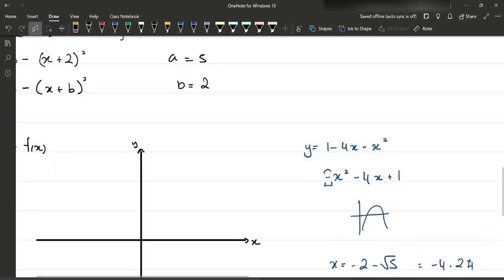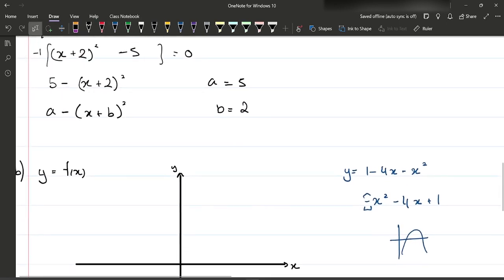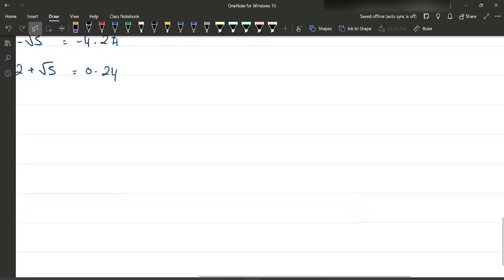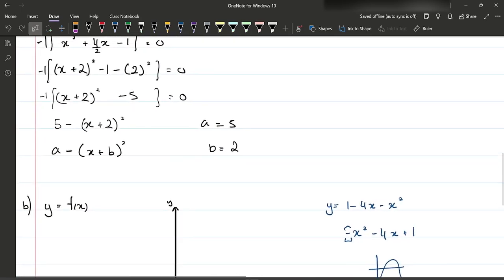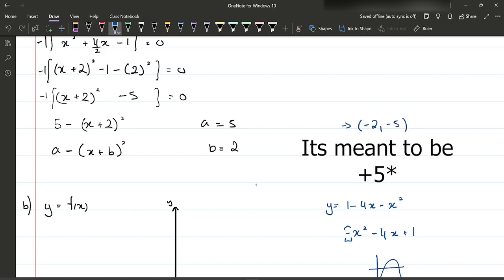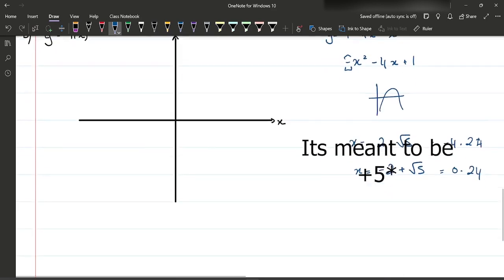So let's get the vertex as well. So our vertex is going to be minus 2 and minus 5. Okay, so that's going to be helpful.